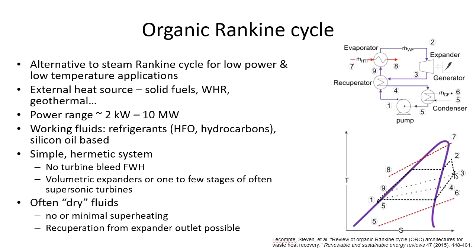As the expansion ends up in the superheated vapor, it can be at a temperature significantly larger than the temperature after the pump. So that creates the possibility of using some of the heat from the expanded vapor to heat the pressurized liquid over here, and this is the so-called recuperation. Then, when the temperature difference for the heat transfer becomes too small, the heat is rejected in the condenser.